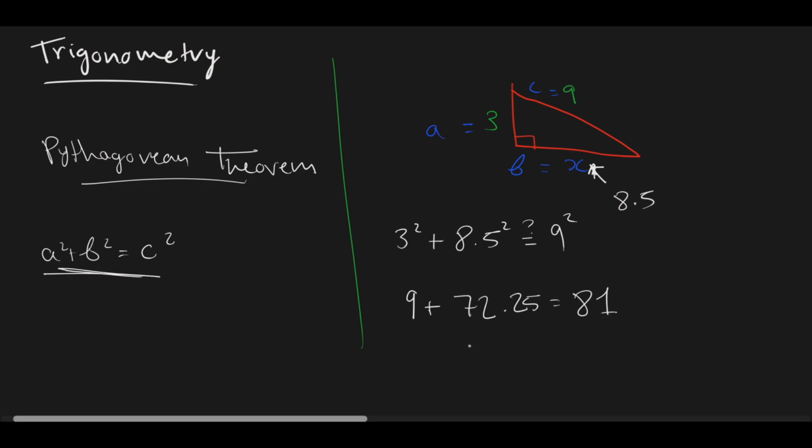So is this correct? Well, 9 plus 72.25 is actually equal to 81.25, which is approximately equal to 81, because I did some approximations, but we could verify that the answer we got, 8.5, is indeed correct.